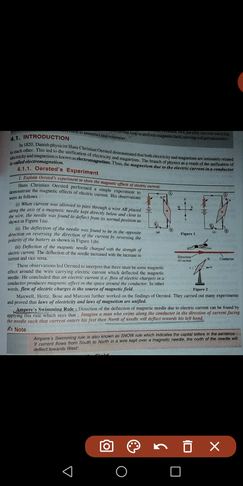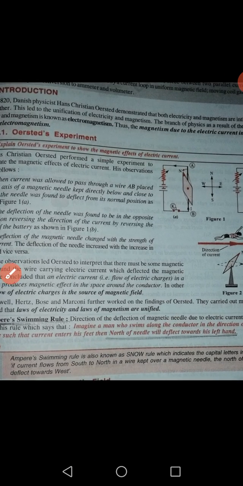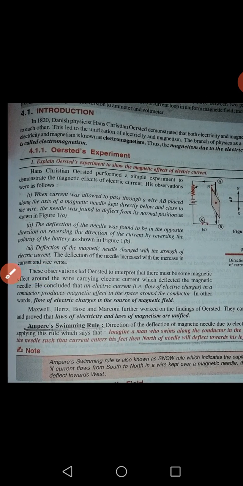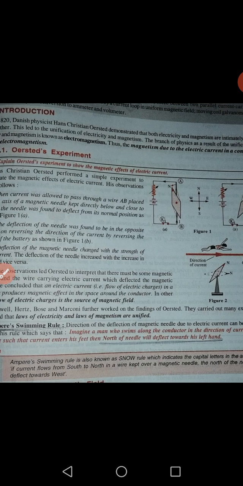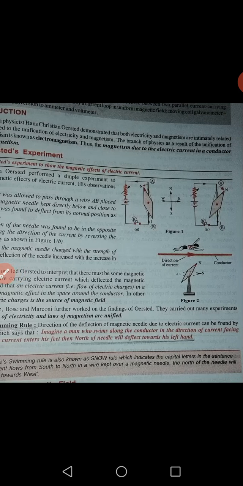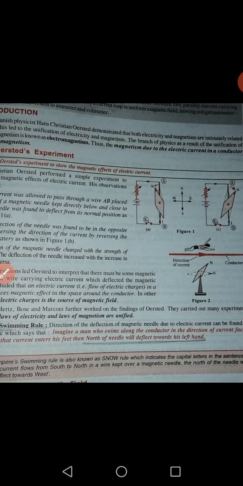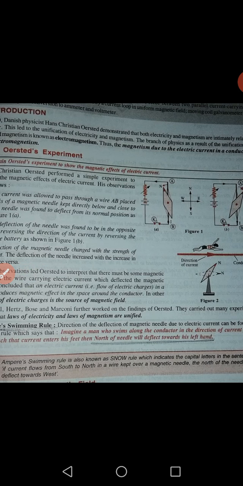So here what happened is, you can see in the introduction that in 1920 a scientist, Christian Oersted, demonstrated that electricity and magnetism are intimately related. That means where there is current there is a magnetic field, or in the reverse way you can say where there is a change in magnetic field we get current.